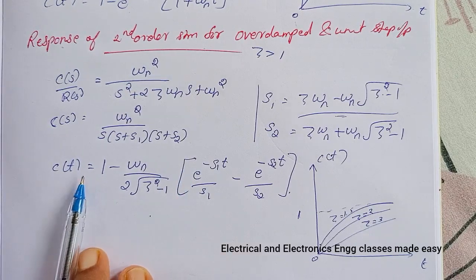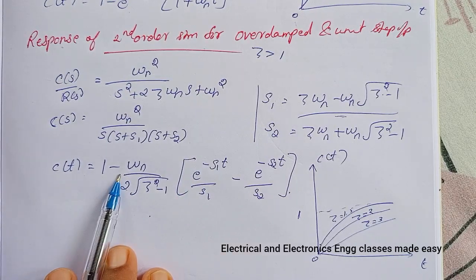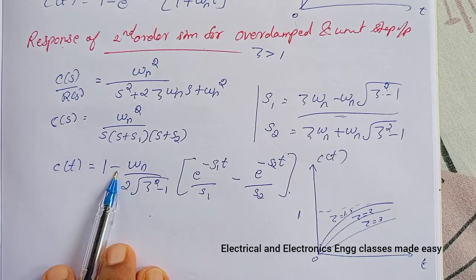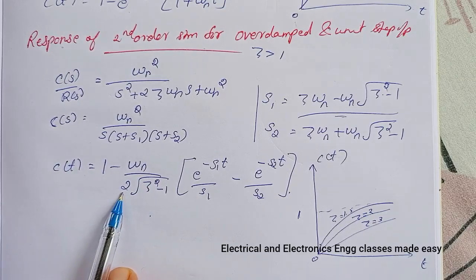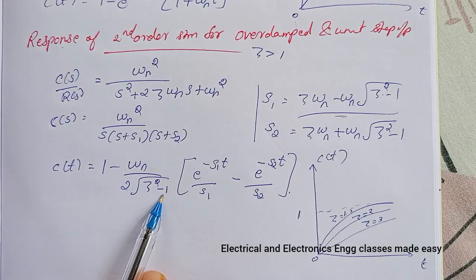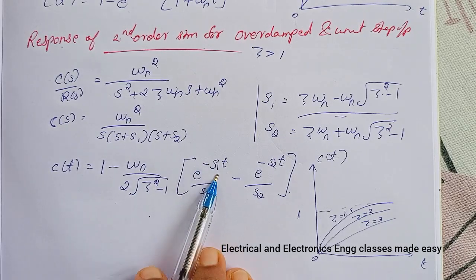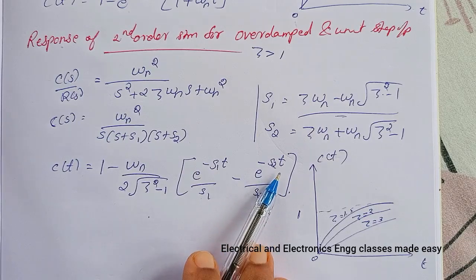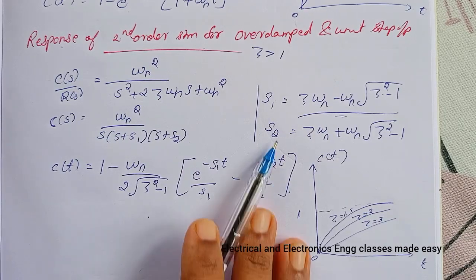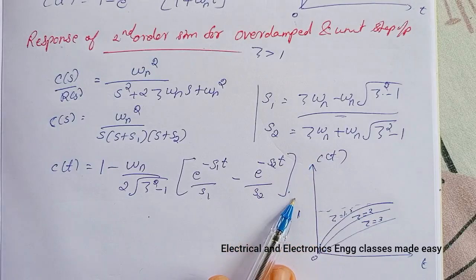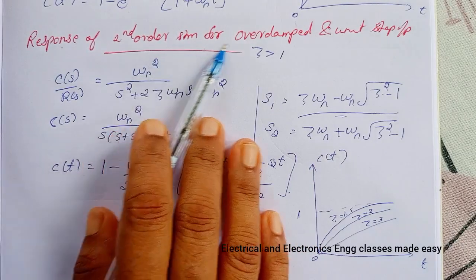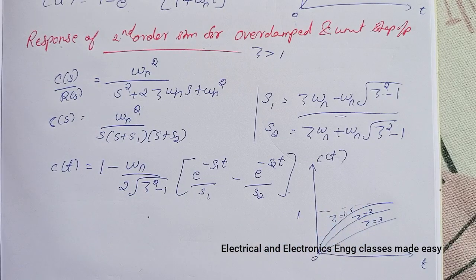After taking the inverse Laplace transform, we get c of t equal to 1 minus omega n divided by 2 into root of zeta square minus 1 into e raised to minus s1 t divided by s1 minus e raised to minus s2 t divided by s2, where s1 and s2 are these two values. And this is the response of the second order system for overdamped and unit step input.